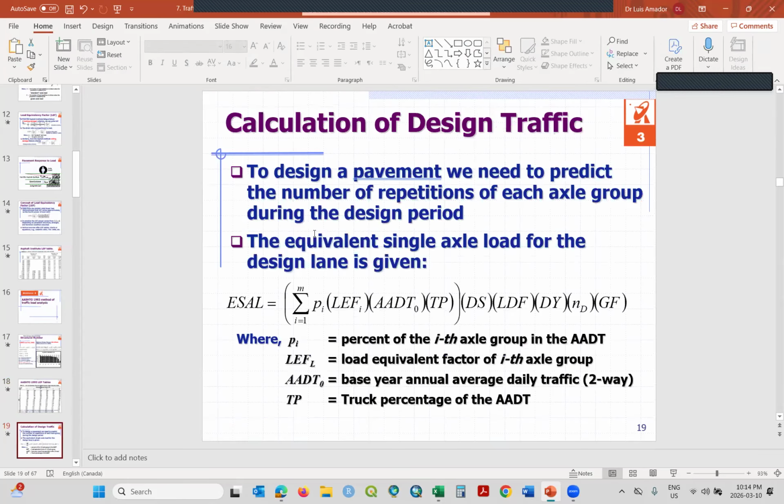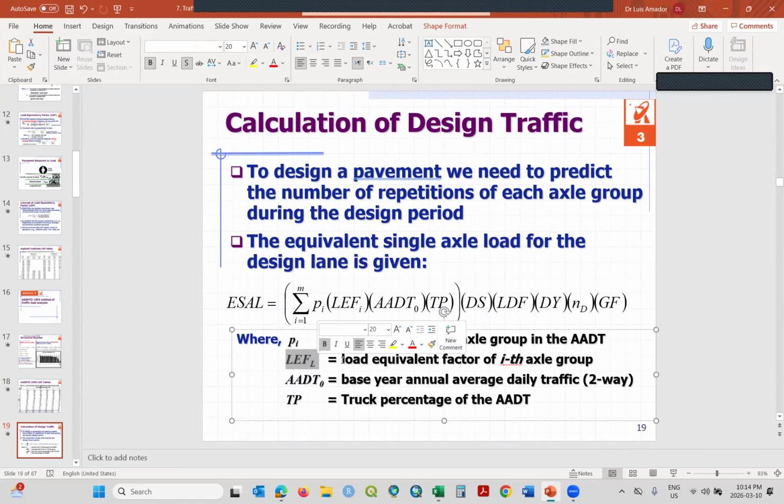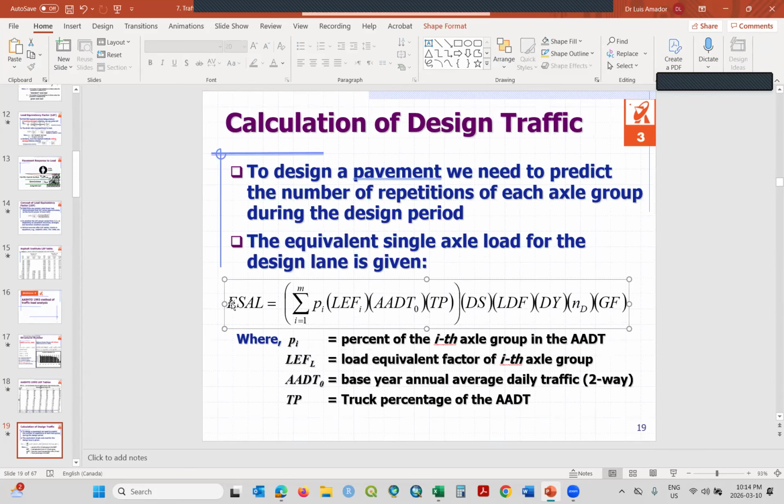Okay, so now, having explained what is the load equivalency factor, we use the load equivalency factor to estimate the equivalent single axle loads, which is basically how many load repetitions the pavement can withstand. And this depends on several factors.